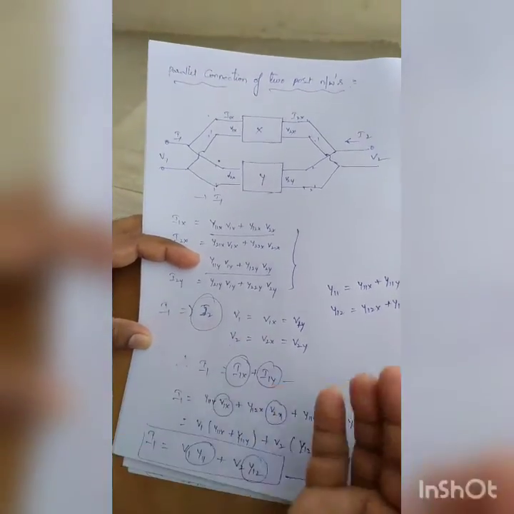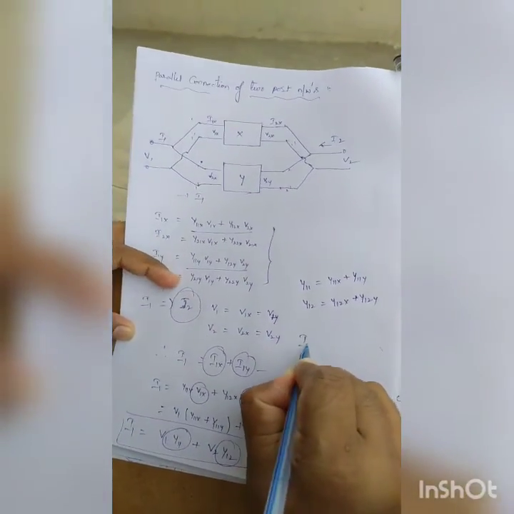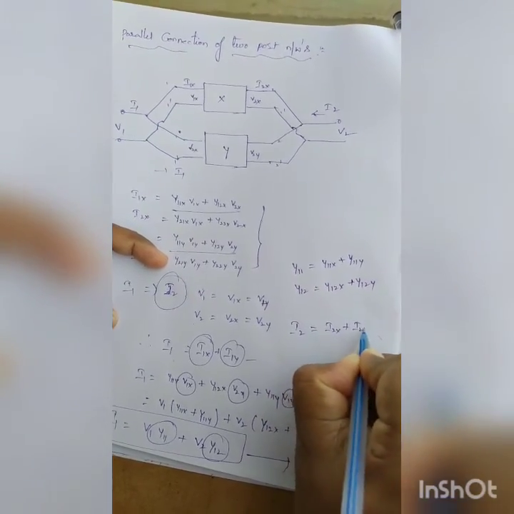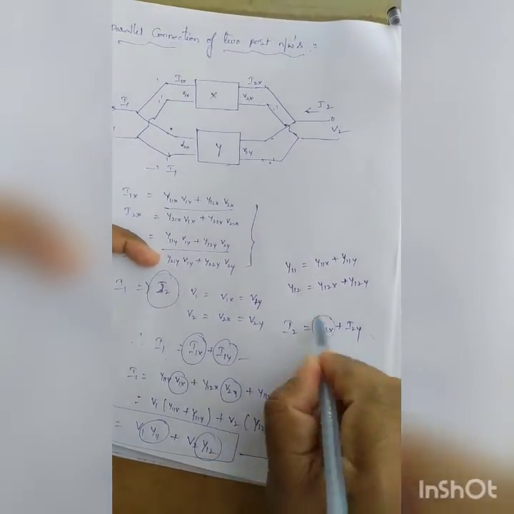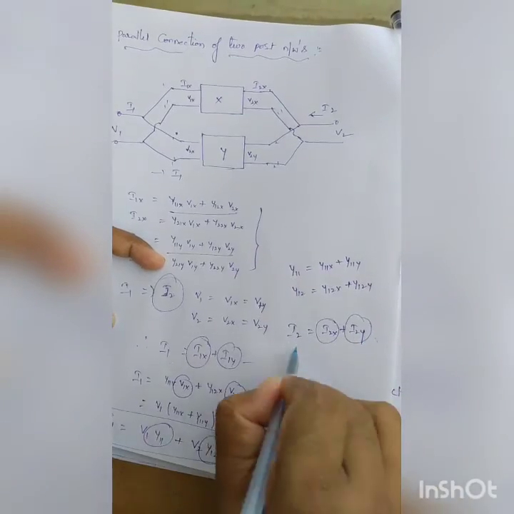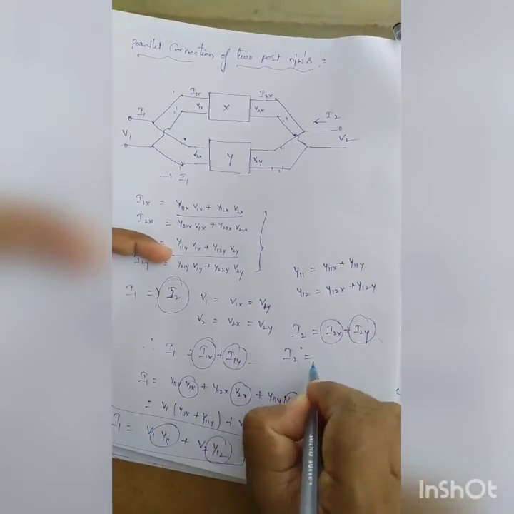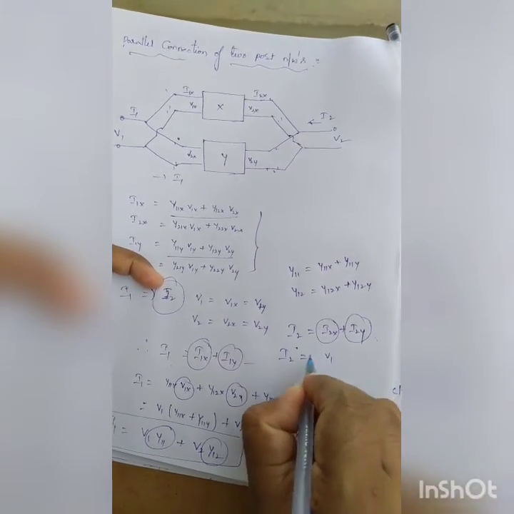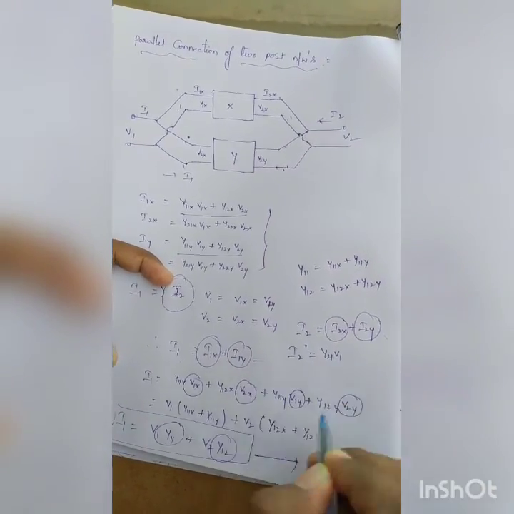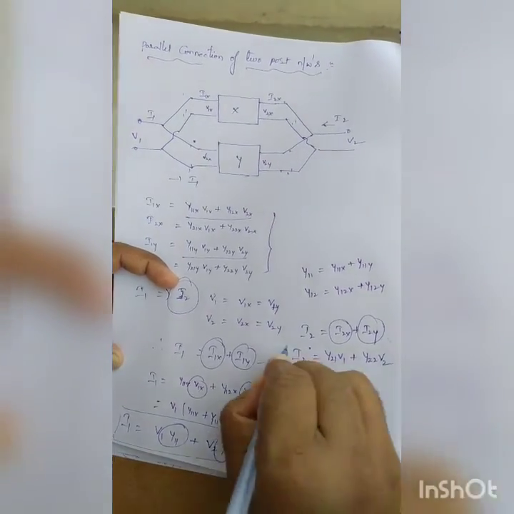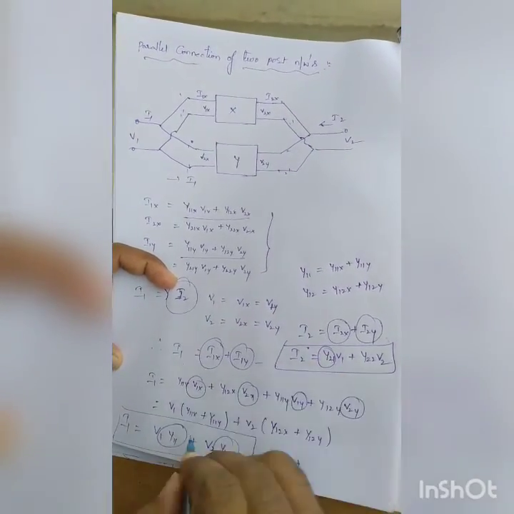Similarly we find the I2 value. I2 is equal to I2x plus I2y. Substituting the I2x and I2y values in this I2 equation, I2 is equal to Y21 into V1 plus Y22 into V2.